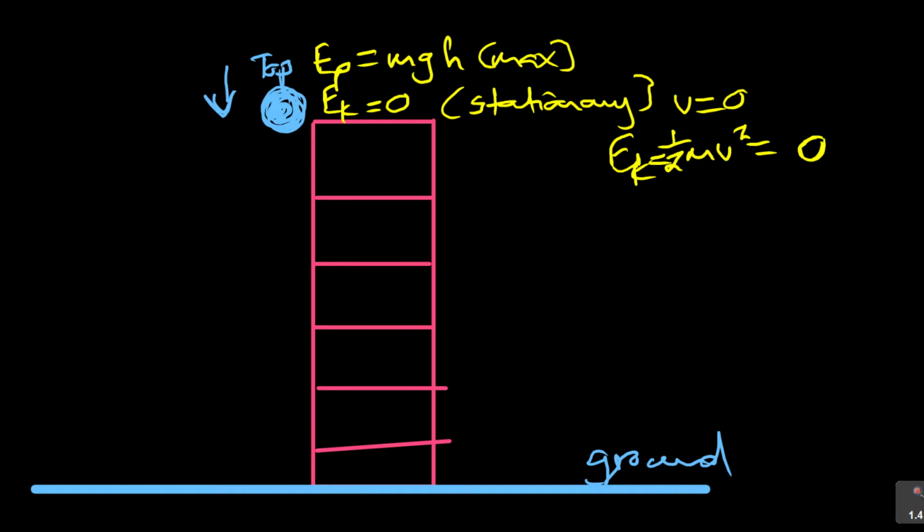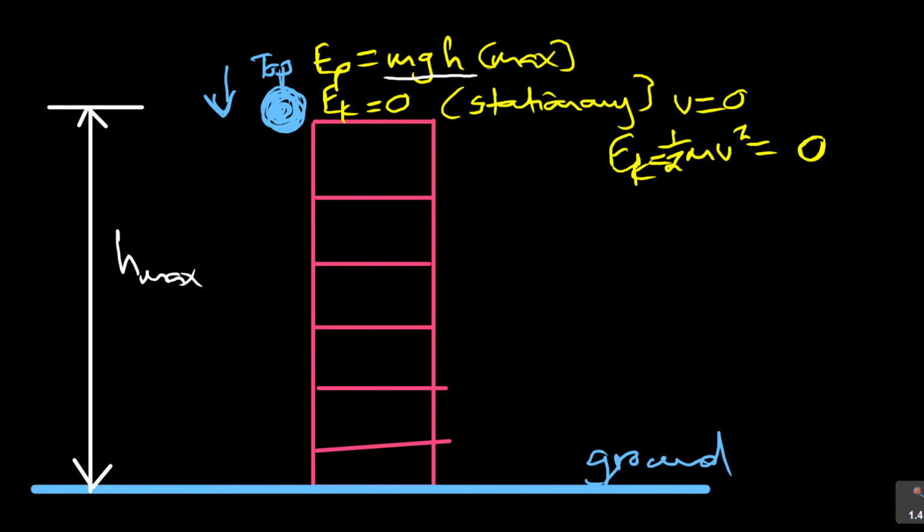Because if you look at the distance above the earth, which is the height of the object, this is the maximum distance above the earth. See that? So this is the maximum height. So if this is the maximum height, it means also we have the maximum potential energy.